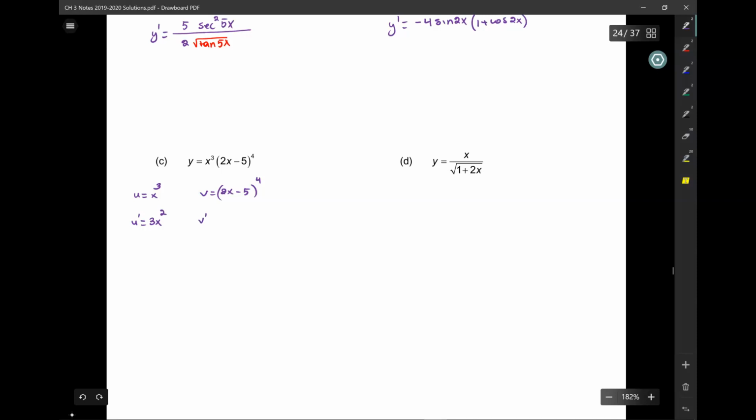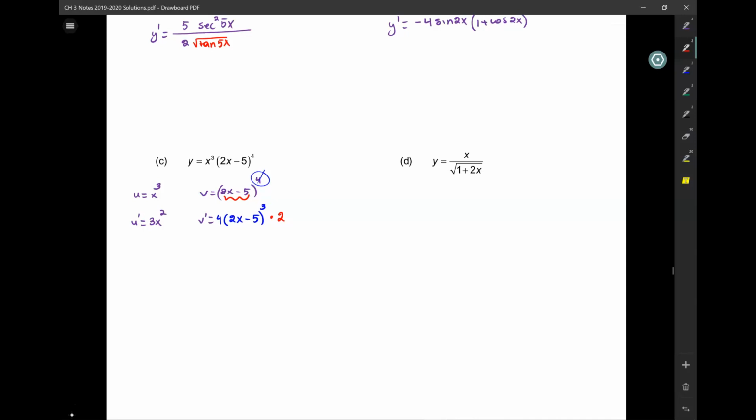Now, v prime: what's the outer function? The 4. So that'll be 4 times (2x minus 5) to the power of 3. And now the derivative of the inside times 2.